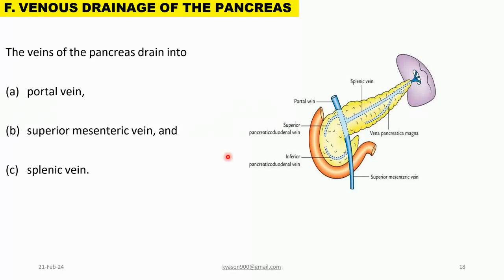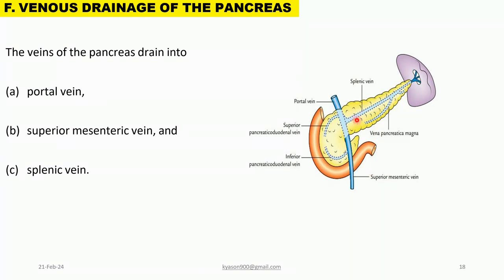Okay, the venous drainage is also quite direct. Of course, you can see we have what we call the superior pancreaticoduodenal vein draining the upper part of the head, and it's going to empty into the portal vein. We have the inferior pancreaticoduodenal vein draining the lower part of the head and the uncinate process, and it's going to empty into the superior mesenteric vein.